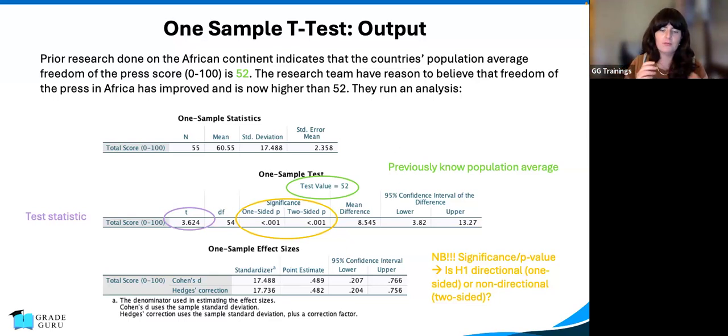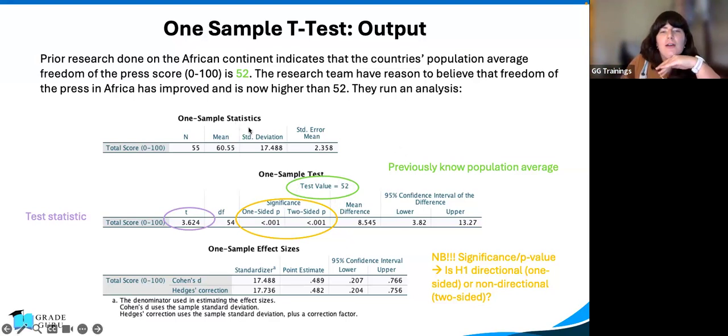In the previous example, it was 500. In the example I've got above, it's 52. Whatever that number is that appears in your H0 is the number I've circled in green in the output, your test value. That is basically the value that you are testing, the old population mean.